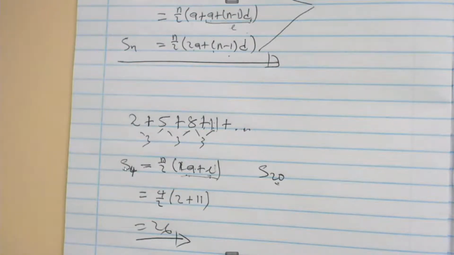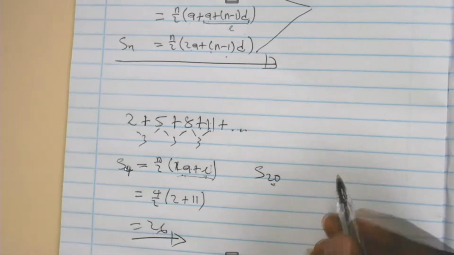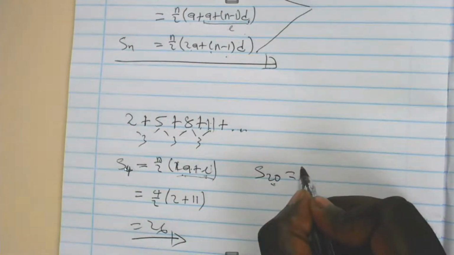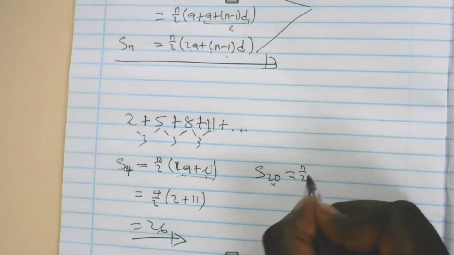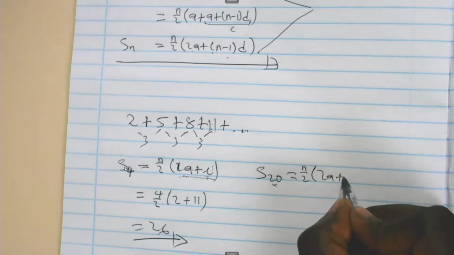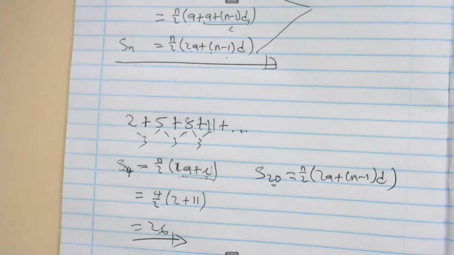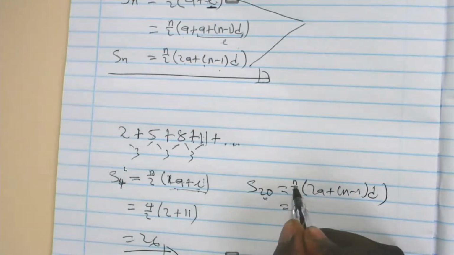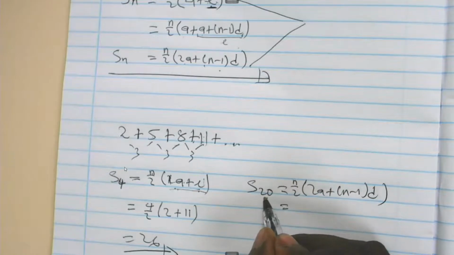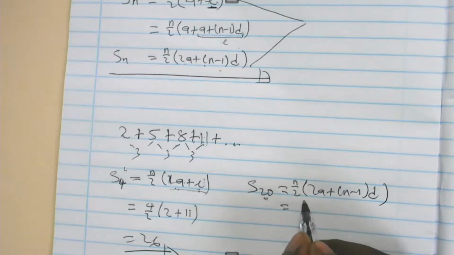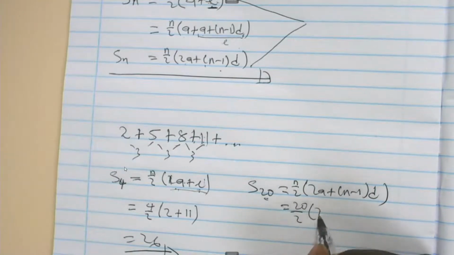an arithmetic series. S20 would be equal to n over 2, and then 2a plus n minus 1, all multiplied by d. Our n, the number of terms that you are adding, is 20, because we add 20 terms. Therefore n is 20, all over 2, into 2a.